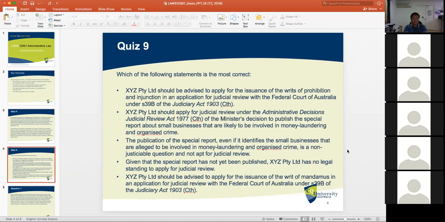C, the publication of the special report, even if it identifies the small businesses that are alleged to be involved in money laundering and organised crime, is a non-justiciable question and not apt for judicial review. And D, given that the special report has not yet been published, XYZ Proprietary Limited has no legal standing to apply for a judicial review. And E, XYZ Proprietary Limited should be advised to apply for an issuance of writ of mandamus in the application for a judicial review with the Federal Court of Australia under Section 39B of the Judiciary Act 1903 Commonwealth.